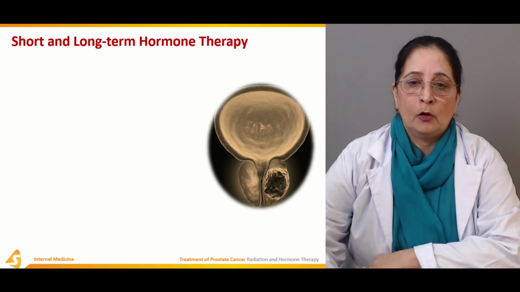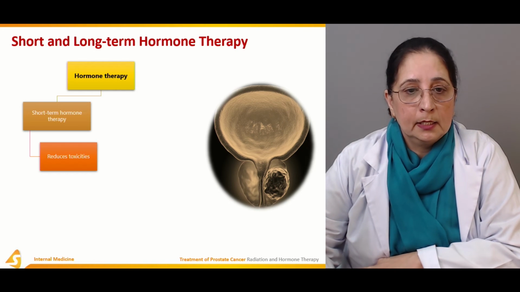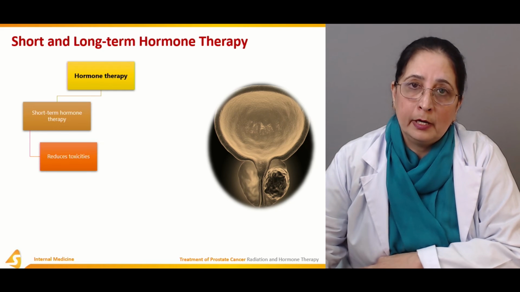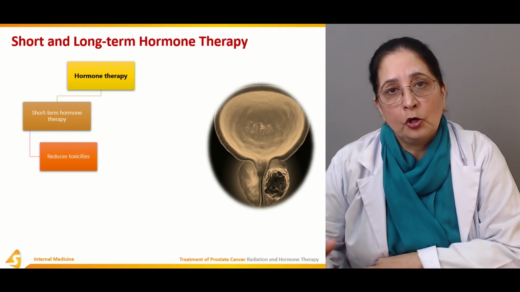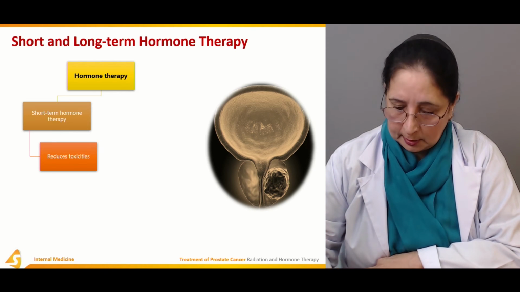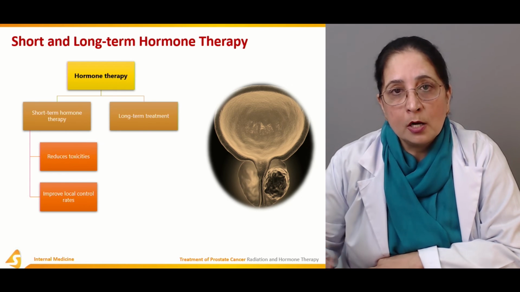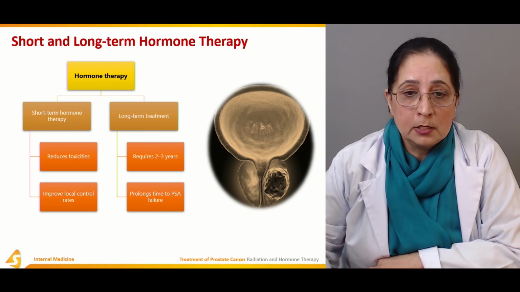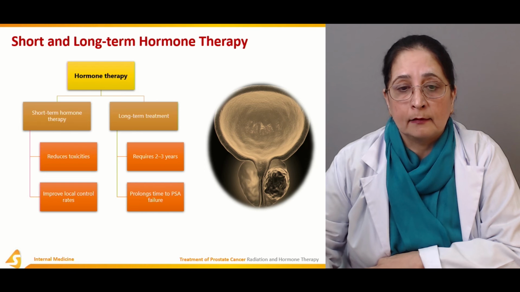Short and long-term hormone therapy. Short-term hormone therapy reduces the toxicity. So the longer the hormones are used, the more toxic and adverse effects they have. So short-term use of hormone therapy reduces the toxicities and improves the local control rate, and the long-term treatment requires 2 to 3 years and prolongs time to prostate-specific antigen failure.